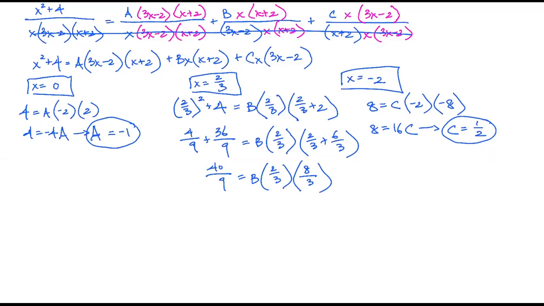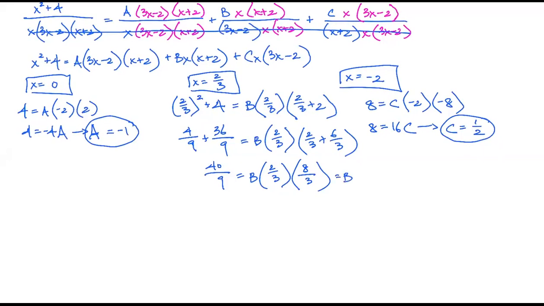So the left-hand side becomes 40/9 equals B times 16/9. When we find our B value, we have 40/9 times the reciprocal of 16/9, so 9/16. When we reduce that, it should give us 5/2 for our B.